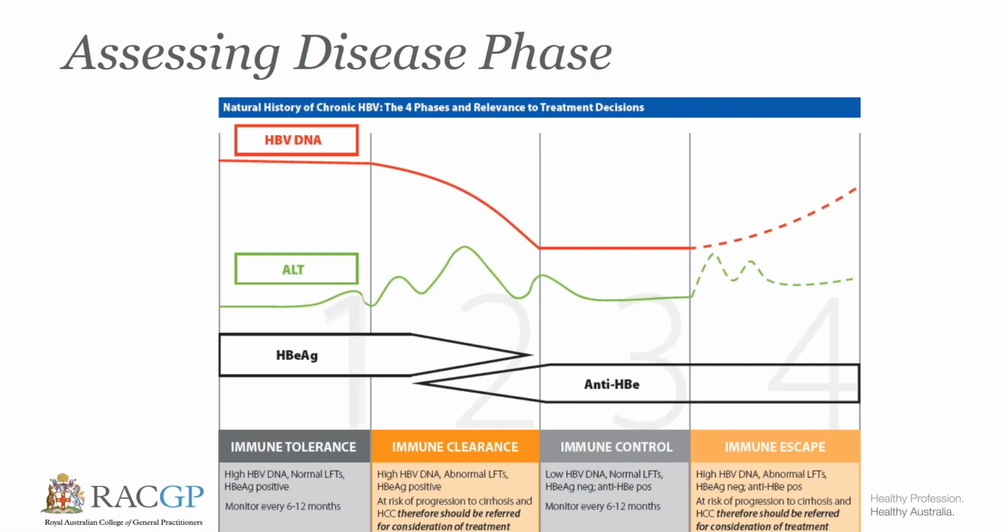Yeah, and do the different phases change the nature of risk to contacts of the patient, or are we just doing contact tracing on everyone anyway? Yes, well, clearly if the DNA is low, then they're going to be at lower risk of transmission.